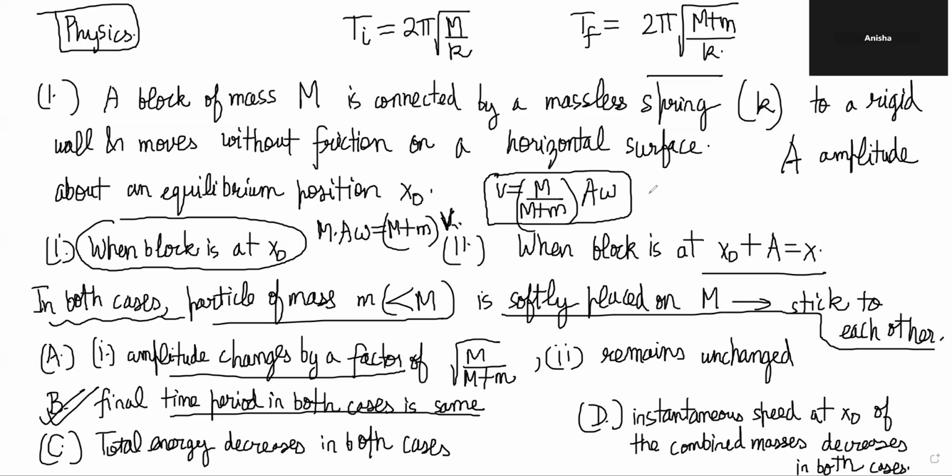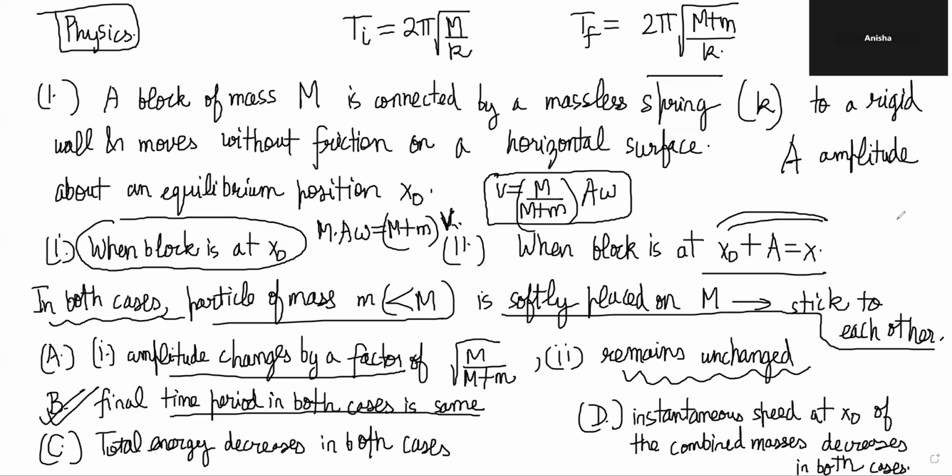Sir, in case one, it changes by a factor of root capital M by capital M plus m only. And then this remains unchanged in case 2 because it was stationary there.